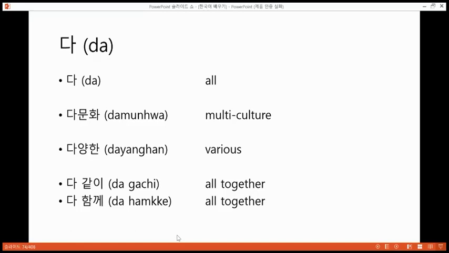Now, if you put the word 한, that becomes an adjective. 다양한. 다양한 means various. 다양한 문화. Various cultures. 다양한 언어.